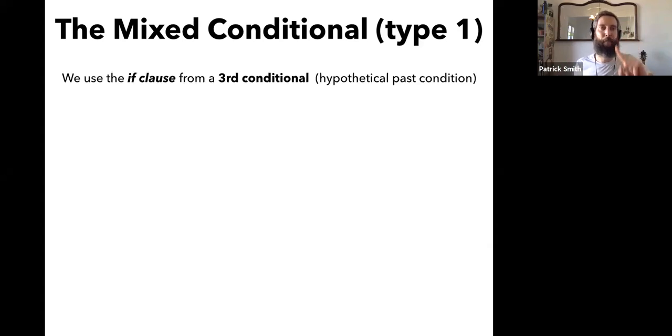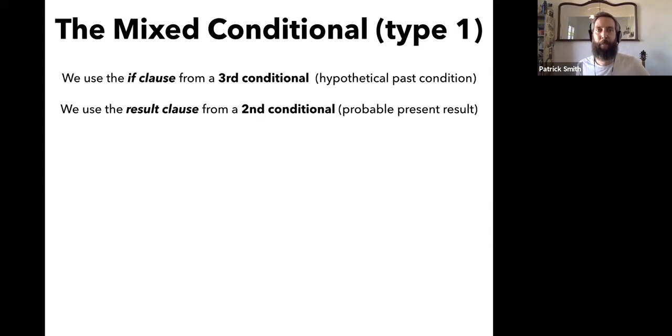So type 1, we use the if clause from a third conditional. Past perfect, hypothetical past: if I had, if the Titanic hadn't sunk, etc. The if clause from a third conditional. And we use the result clause from a second conditional.